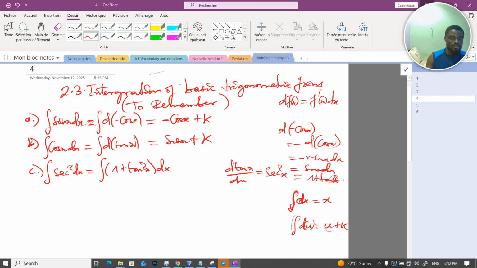Remember that. So here I can write this sec square x or 1 plus tan square x as the integral. What did I differentiate? Tan x. I can write it as the integral of d of what? Tan x, because I know that if I differentiate this, it comes back to what? Sec square x dx, or what? 1 plus tan square x dx. So this will simply be equals to what?